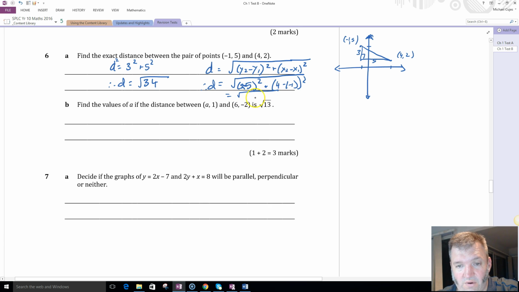Then you'll see it's the square root of 3 squared is 9 and 5 squared is 25, which gives me a distance of root 34 that we had before. Not so bad.